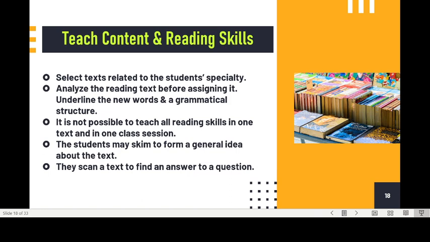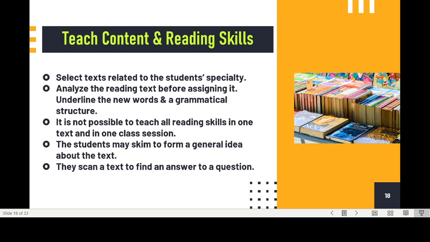So we select text related to the student's specialty. Before I assign the text, some texts or articles are good to read, but they are not good for instructional purposes. They wouldn't have the content that we need to teach reading skills. So we have to find a good instructional text.